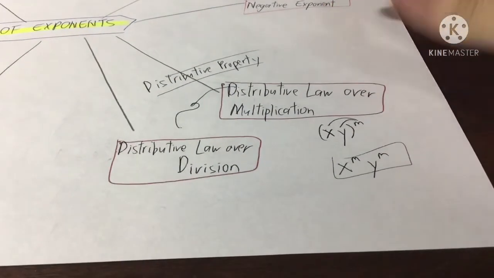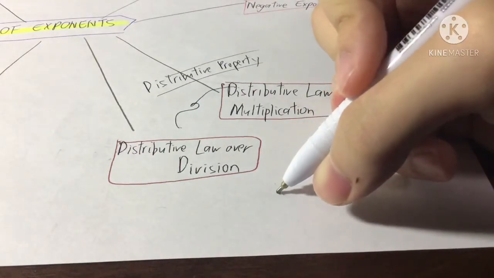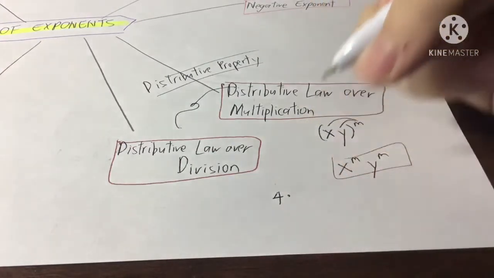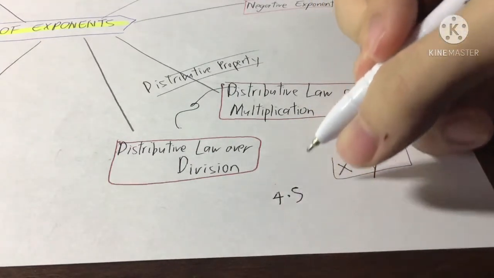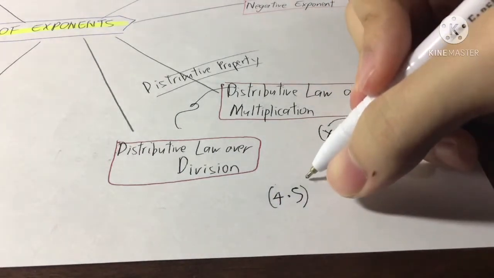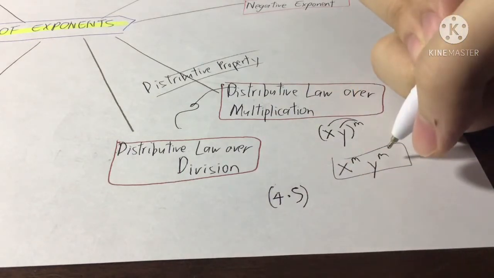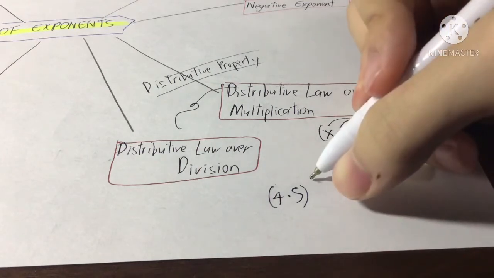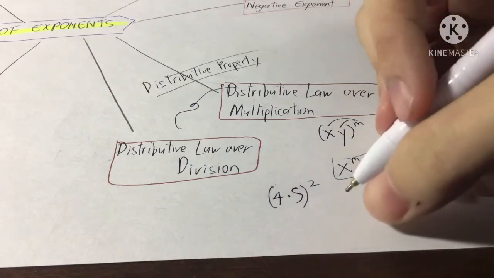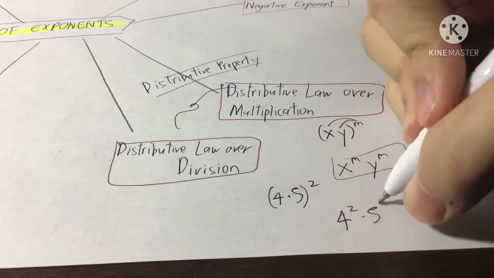For example, if we use x equal to any number, say 4, times any number y, let's say 5, everything raised to any exponent m, let's say 2. So 4 times 5, everything raised to 2. This means we'll have 4 raised to 2 times 5 raised to 2.